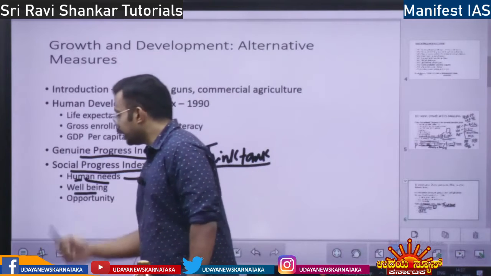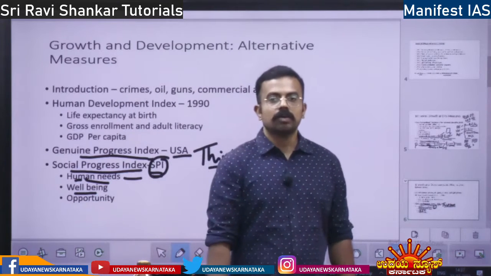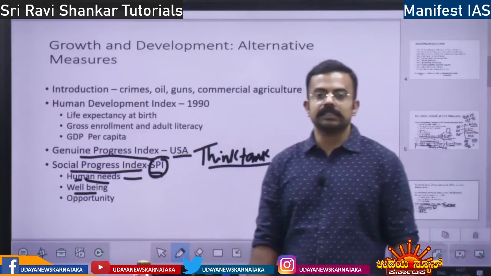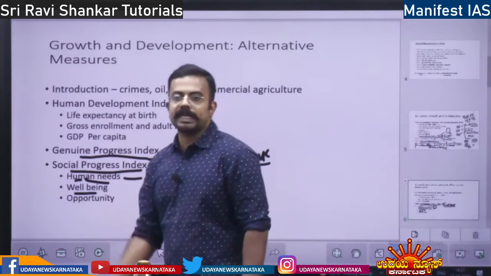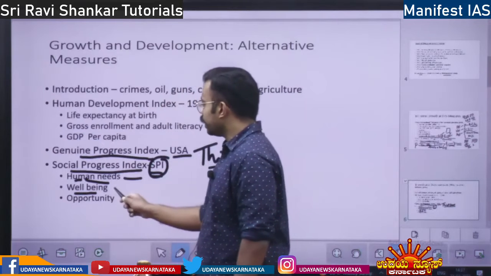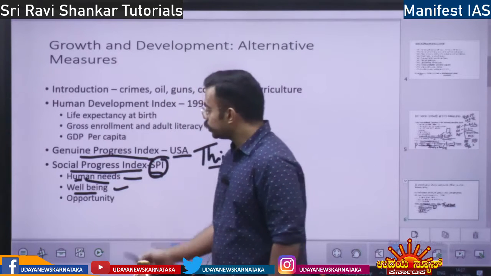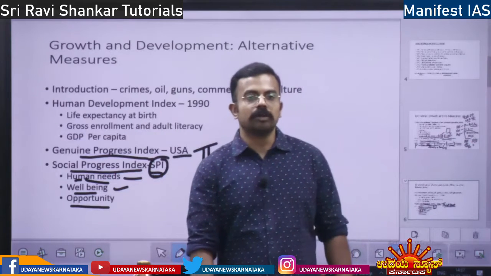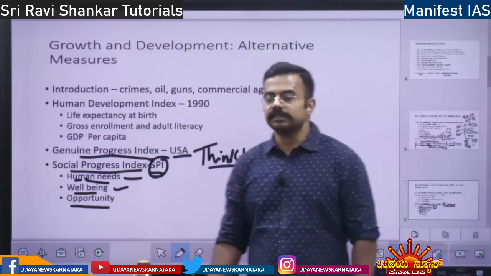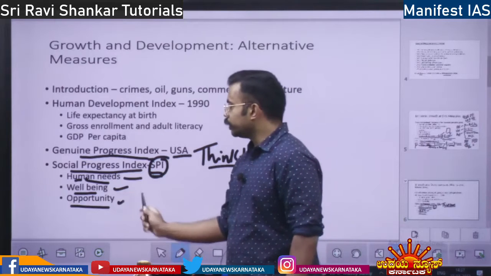Next, well-being. Well-being means good health, happiness, right? No crime, psychological peace, all these things come under well-being. Next, opportunity, economic opportunity, employment opportunity, all these things come under the opportunity part.